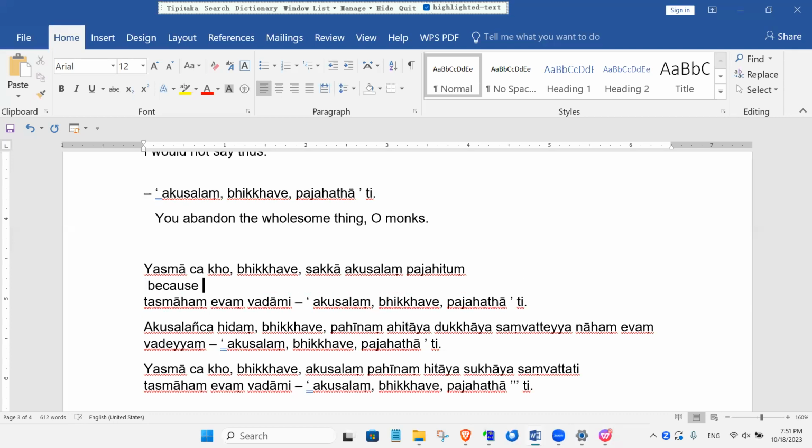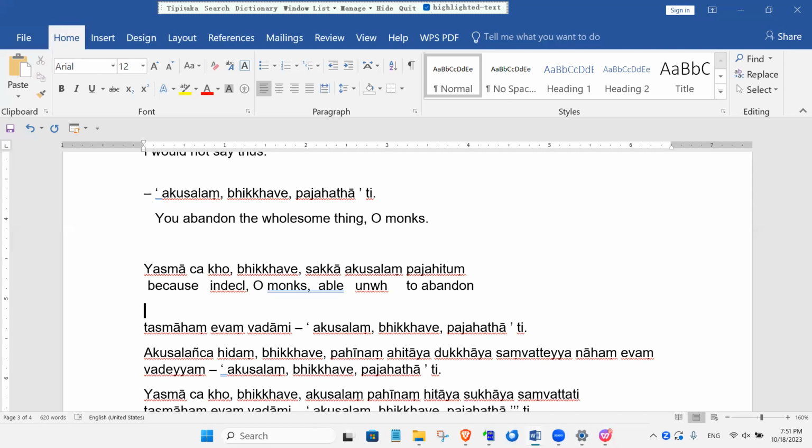"Yasma" is because. "Ko" has no meaning, so indeclinable. O monks. "Sakka" you see already: able, unwholesome, to abandon. So because, O monks, it is able to abandon unwholesome.